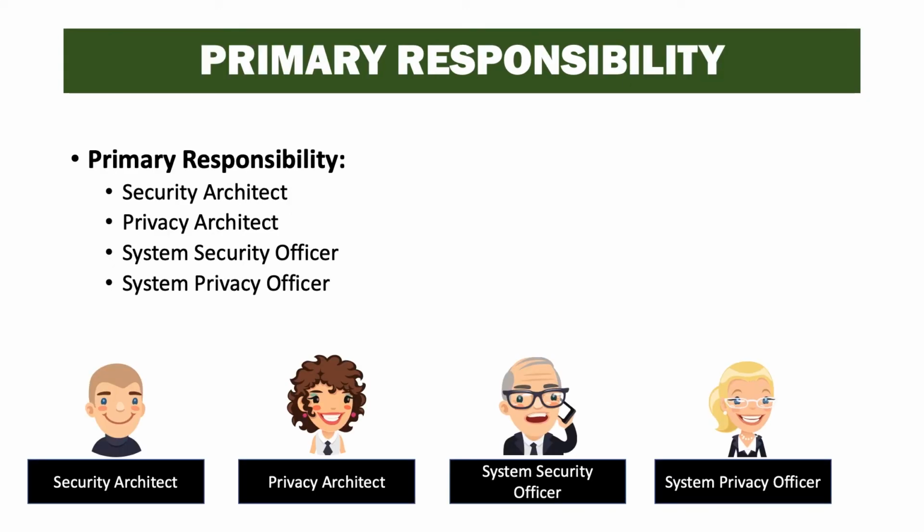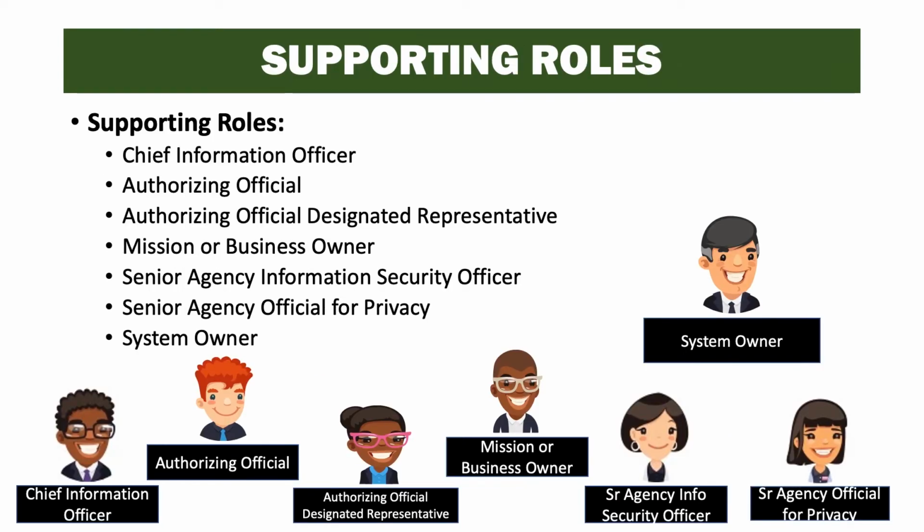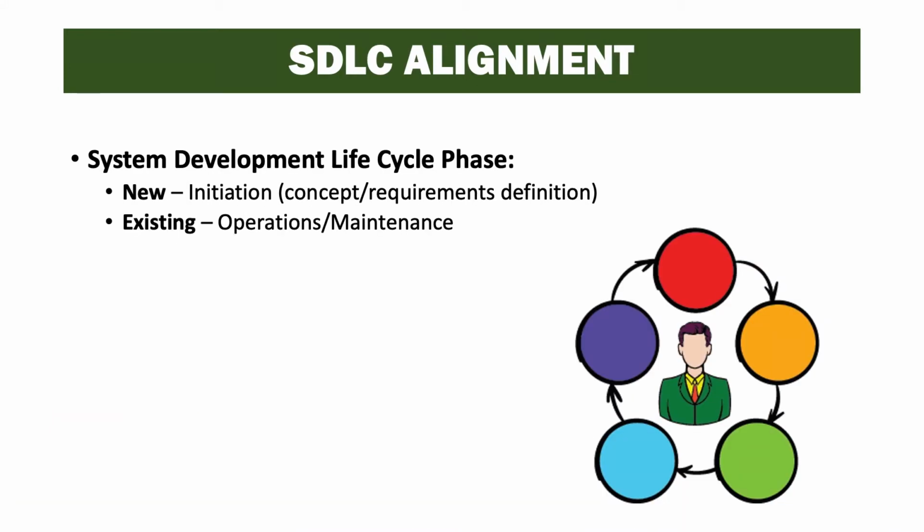Primary responsibility for this task is the security architect, the privacy architect, the system security officer, and the system privacy officer. These individuals are supported by the Chief Information Officer, the authorizing official, the authorizing official's designated representative, the mission or business owner, the Senior Agency Information Security Officer, the Senior Agency Official for Privacy, and the system owner.